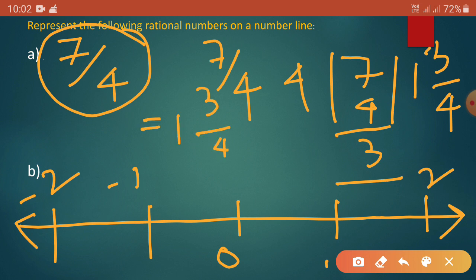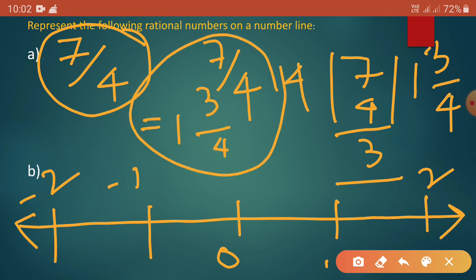So 7 by 4 means 1 and 3 by 4. Now look very carefully: the number is 1 and then 3 by 4. At first we find the whole part, that is 1.